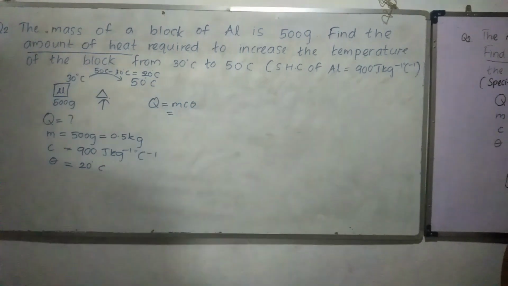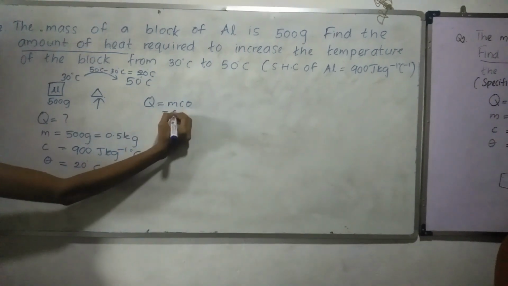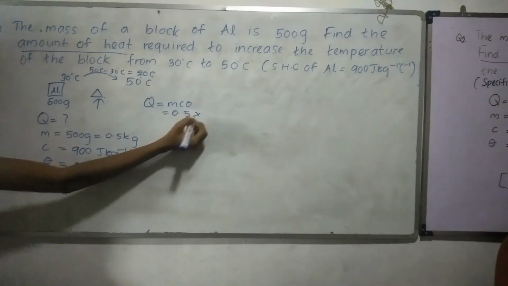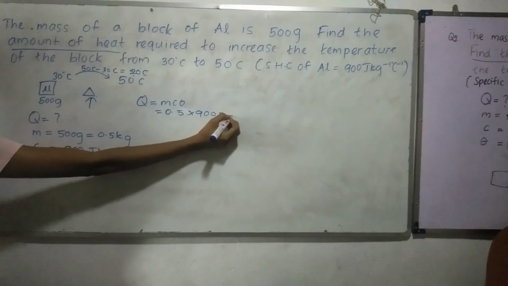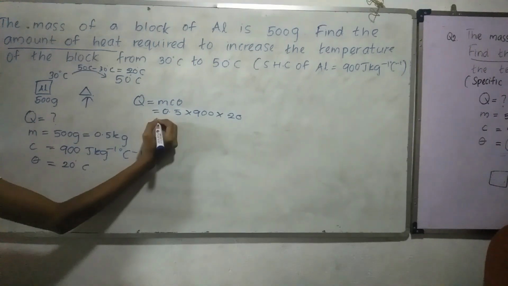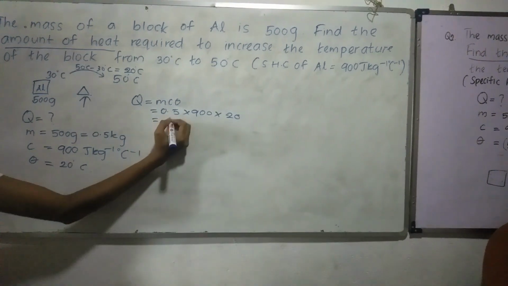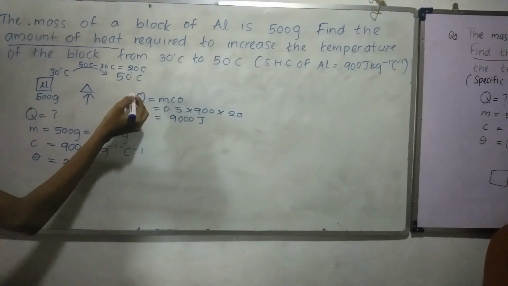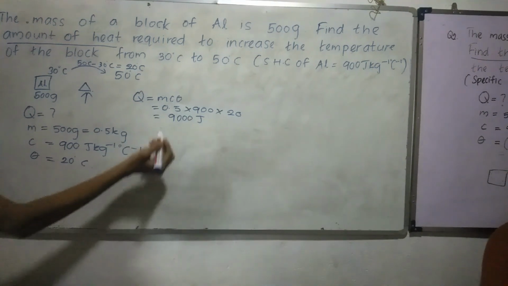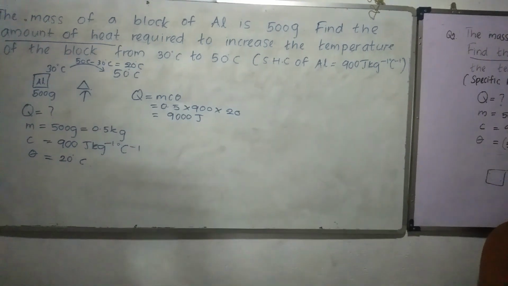We are going to substitute the values. m is 0.5, c is 900, theta is 20. We get the answer as 9,000 joules. Always the quantity of heat is given in joules. So the answer is 9,000 joules.